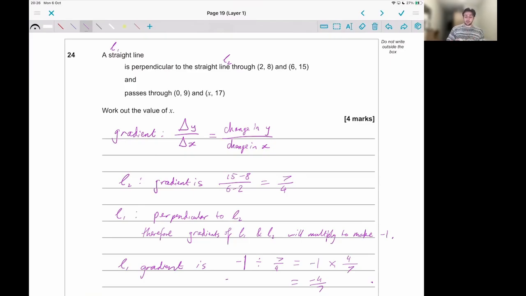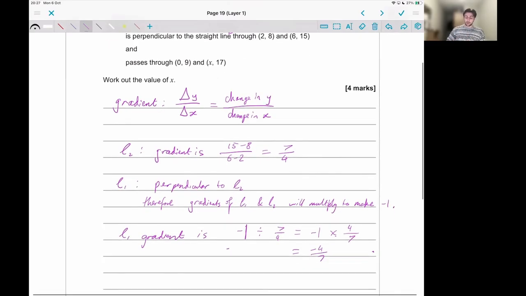Now we've been given, in the second bit of information, 2 points on the line. So we've got the x and y coordinate at the first point, and we've got the y coordinate at the second point. We need to find the x. So we know the gradient of L1, but we also could work out the gradient of L1 from the 2 points on the line, like we did with L2.